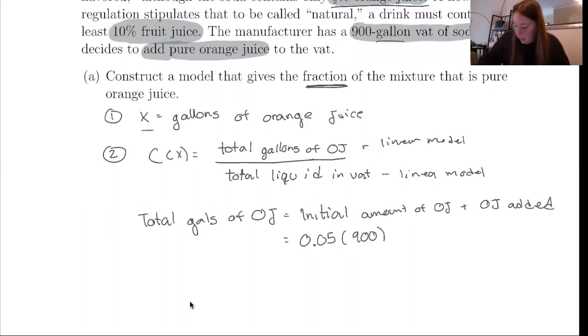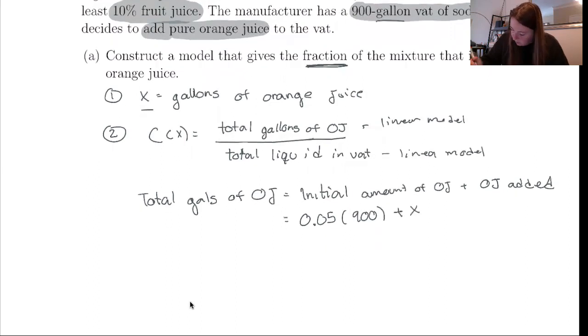Well, I deemed that X. So this is just going to be plus X. I don't know what this number is. 45. So 45 plus X is going to be the total gallons of orange juice that are in the vat when I add X amount of gallons. So 45 already, and then whatever amount I pour in is going to be in there.